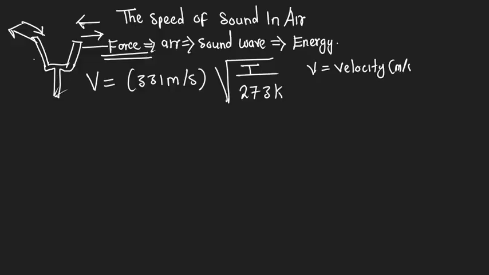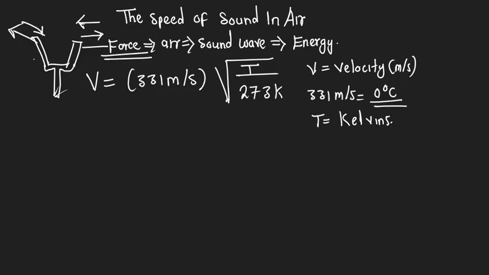This V is simply the velocity measured in meters per second. This 331 meters per second is the speed of sound in air at 0 degrees temperature. Then T is simply the given temperature in kelvins.